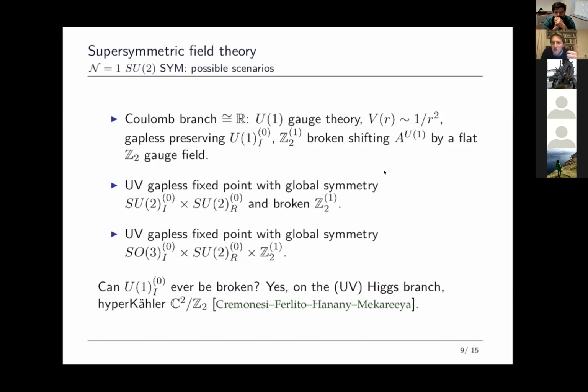And therefore, it's never possible to break the instanton symmetry at weak coupling. However, it is possible to break it on the Higgs branch that emanates from the UV fixed point, as was shown by Cremonesi, Ferlito, and Mekareeya. The presence of a Higgs branch in a pure super Yang-Mills theory is surprising, but it's due to the presence of massless instantons in the UV.